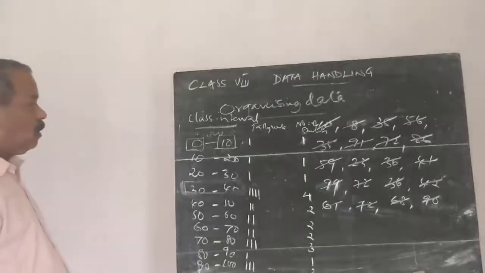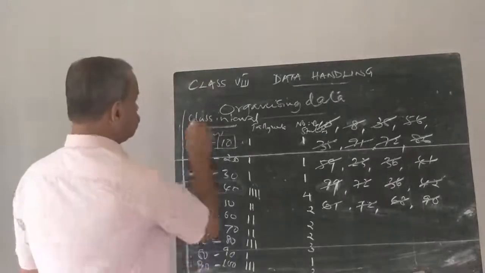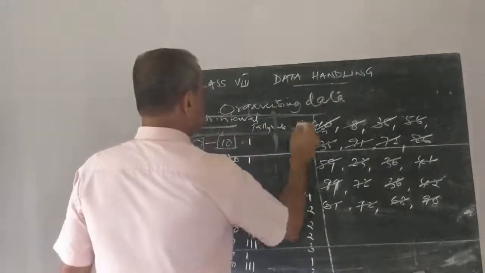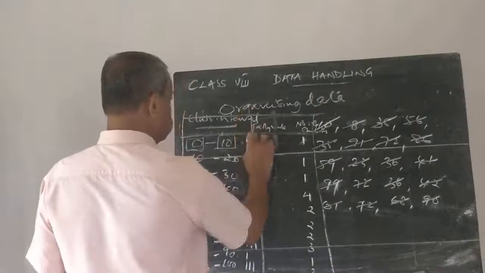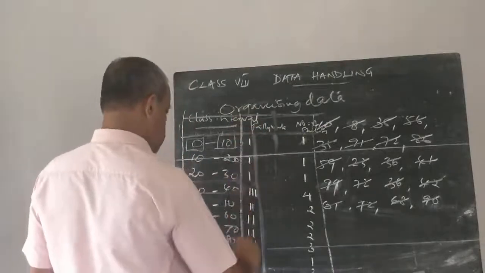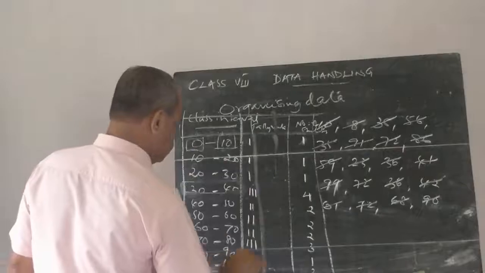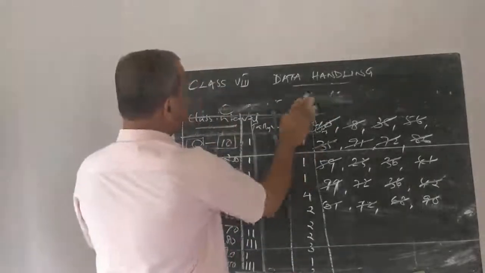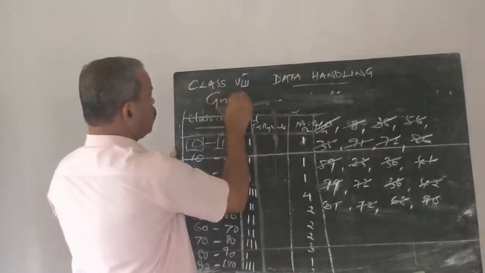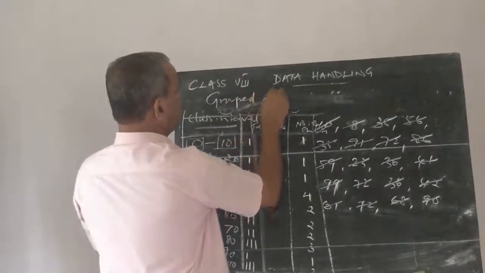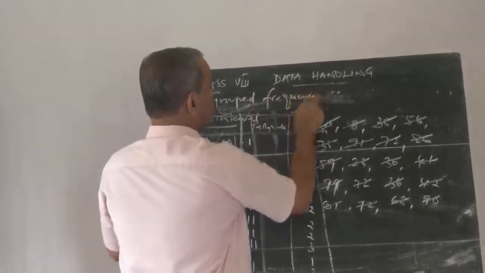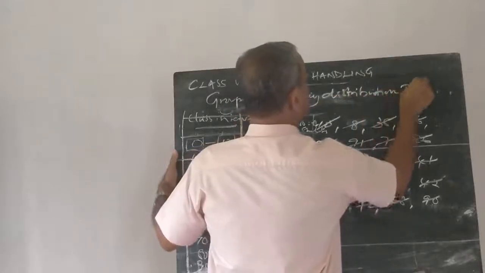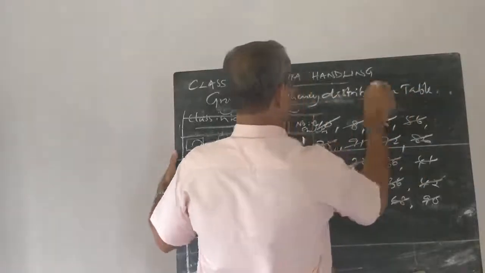We can make this as a table. And this table is called a grouped frequency distribution table.